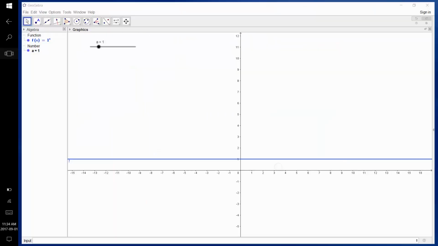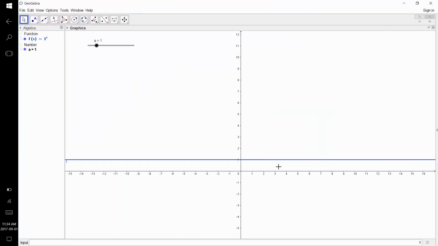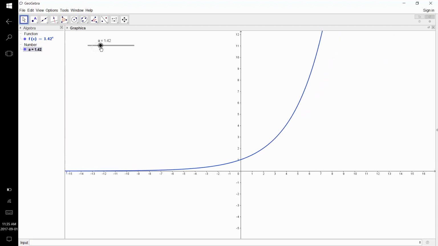So just to give you an idea of what this looks like, we can play around here and look at what the exponential function looks like for different values of the base. So right now I've got a base of 1. You can see a equals 1 here. Well, that's not a very interesting exponential function, because 1 to any power is still 1. It's a constant function. But I could move it up a little bit.